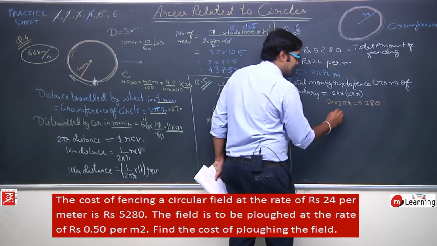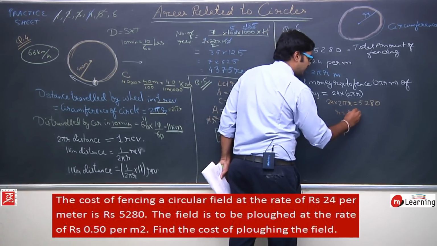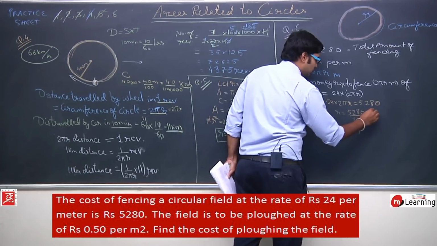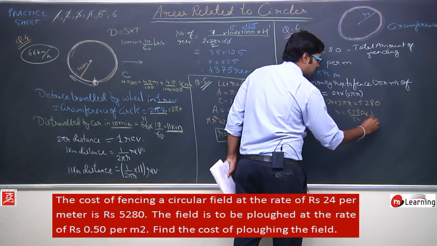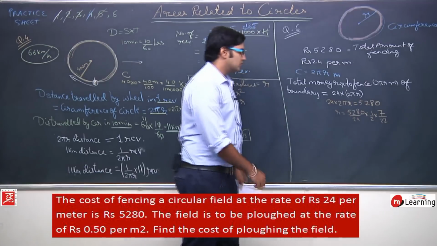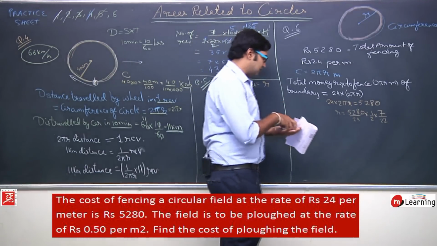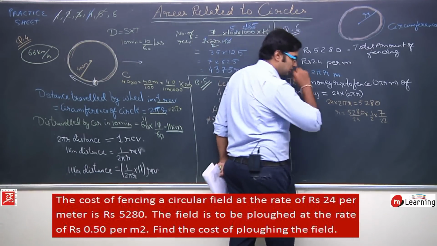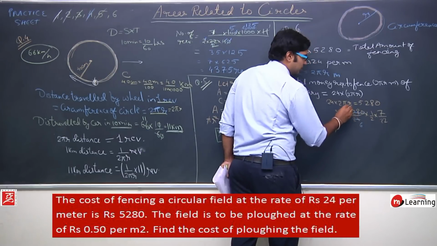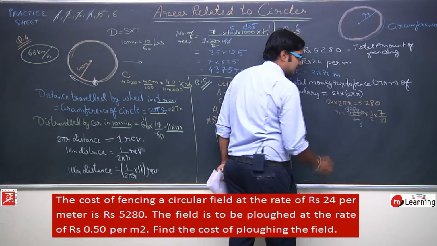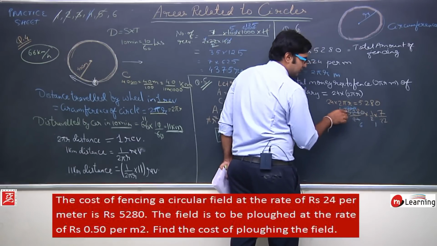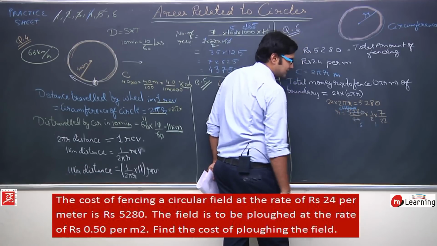So, from this I can write r is equal to 5280 upon 24 into 1 upon 2 pi. So, into 1 upon 2 into pi is 22 upon 7. This is the value of radius. Let us solve it. 4 6s are 24, 4 1s are 4, 4 3s are 12, 4 2s are 8, and this is 0. Then 2 1s are 2 and 2 6s are 12, then 2 6s are 12, and this is again a 0.